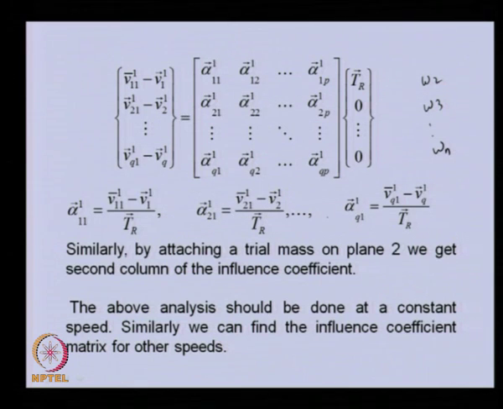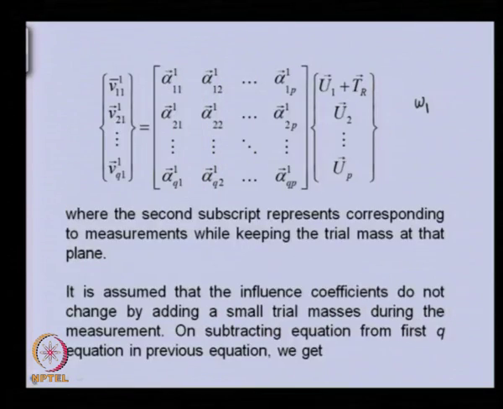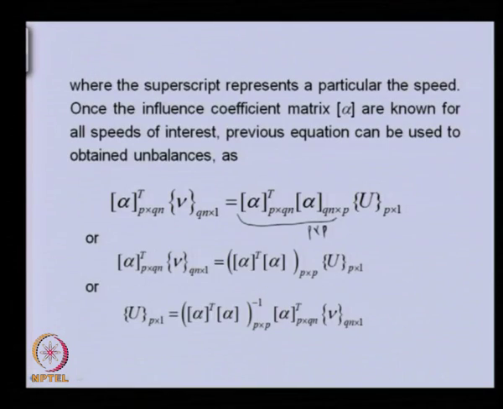Once we obtain this influence coefficient for all the speeds, then we can get the residual unbalance in p number of planes, using this expression which is for all the speeds, because this is independent of speed.